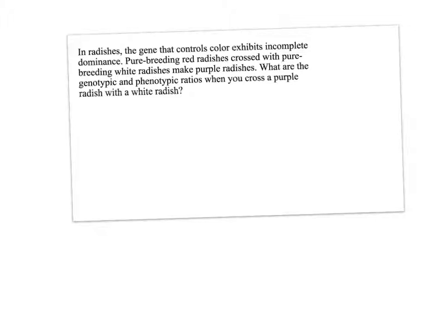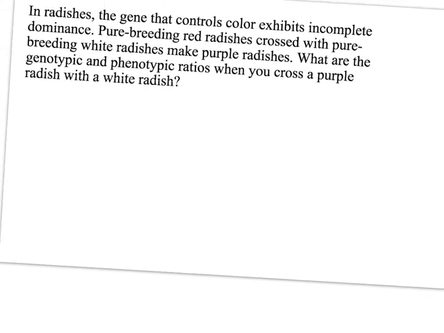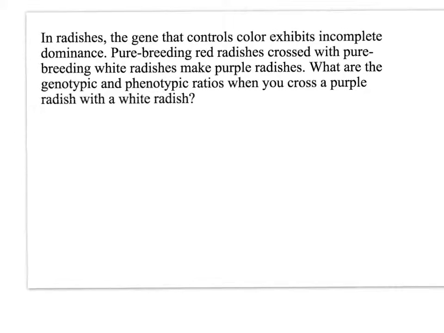So first let's look at our genotypes and the alleles that are associated. So we know that there's an allele for red. So I'm going to use R to equal red, and I'm going to use W to equal white.